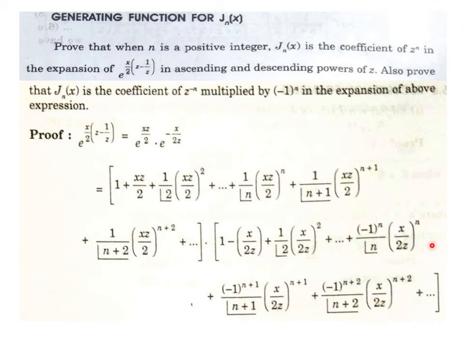Now in the next slide, what we have to do, as written, is pick the coefficient of z^n in this expansion. That will be the form of Jn(x). How is it possible to pick the coefficient of z^n in that larger multiplication?